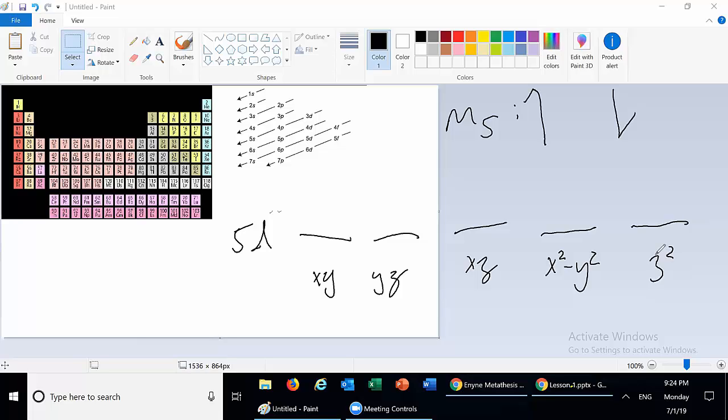Now let's start filling these. It doesn't matter which orbital we start with since they're all the same energy, but we'll go from left to right. So we put in 1 electron. Now we have a choice. We can either put another electron into the xy orbital, or into a different orbital.